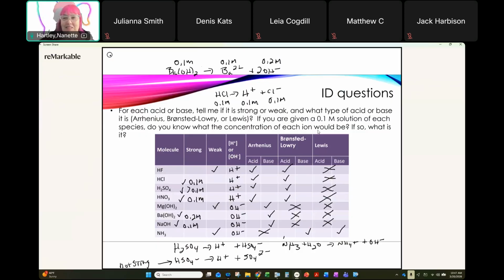When we get to the bases, though, did it generate the OH minus on its own? Did it generate the OH minus some other way, like NH3 does? Or did it use its lone pair to act with something else? In my mind, the bases have always been a little more confusing because the definitions are a little harder to see. So I hope that helps.